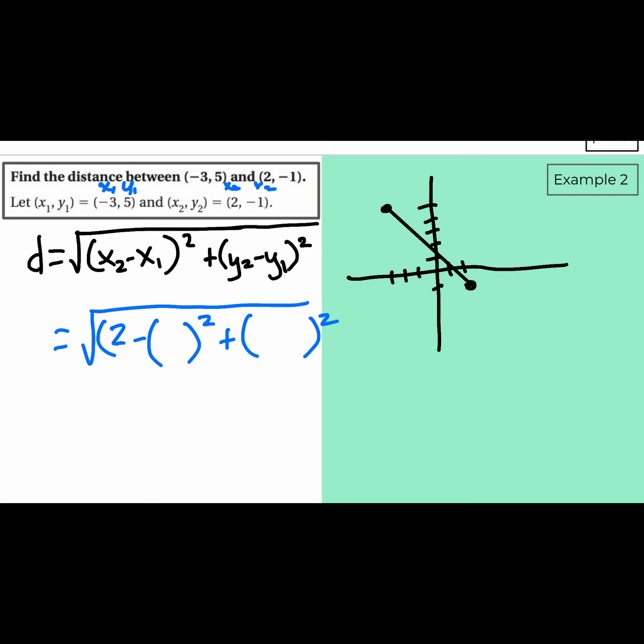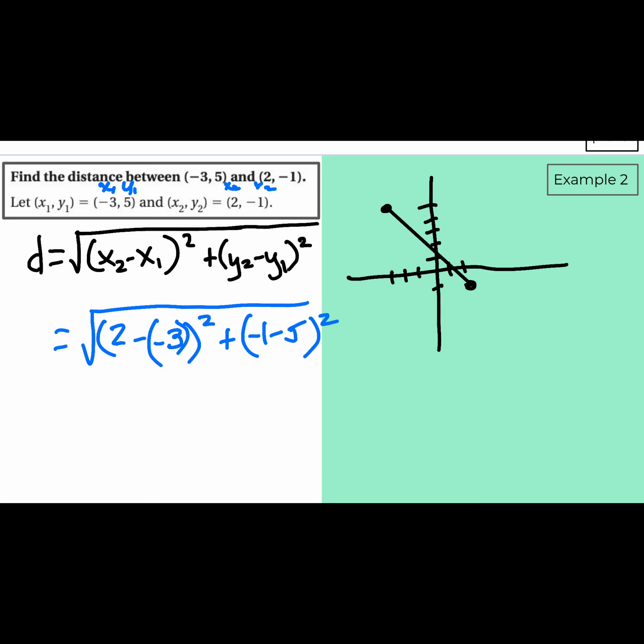Yeah, -3. Leighton, what do we have for y2 and y1? -1 minus what? Perfect. So we just plugged in the numbers that they gave us in the question, right?